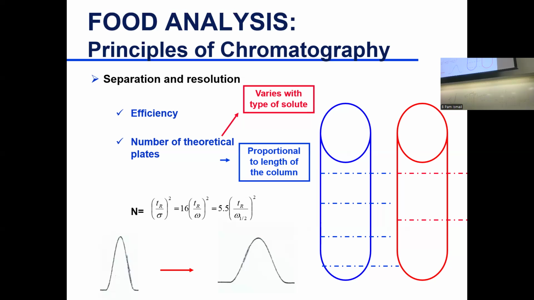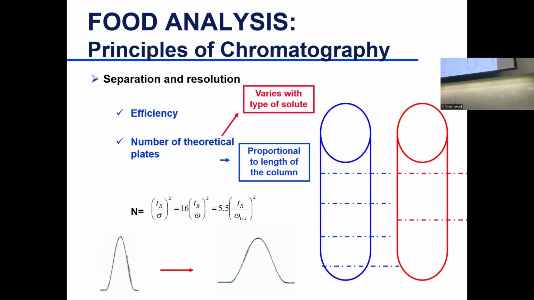Two columns might have the same efficiency, but one is longer. How do I correct for that? We calculate something called height equivalent of a theoretical plate. It's coming on the next slide.